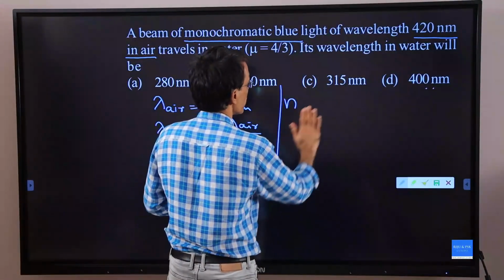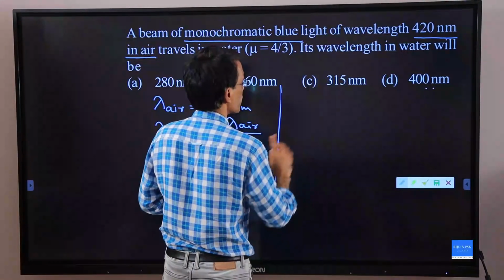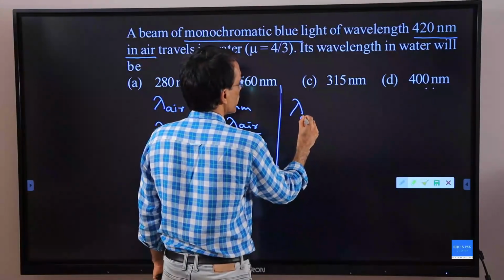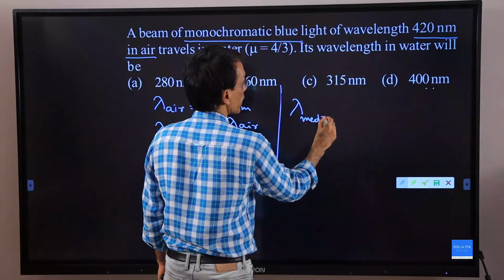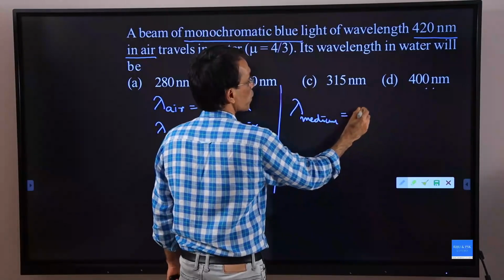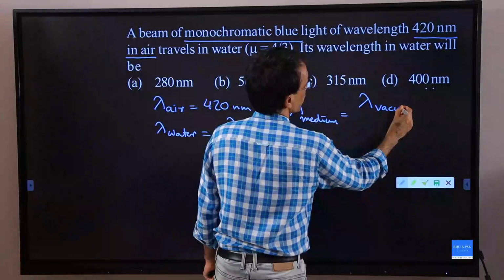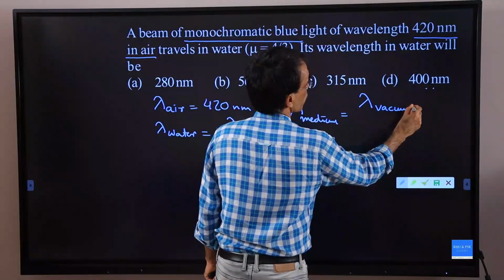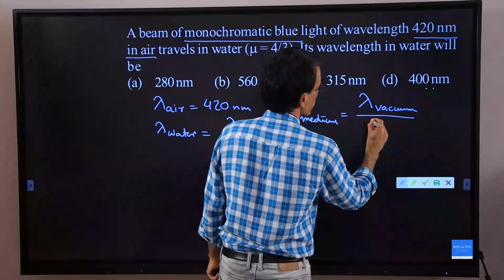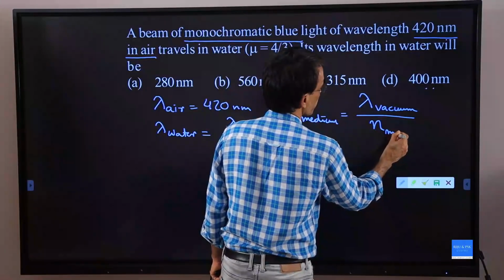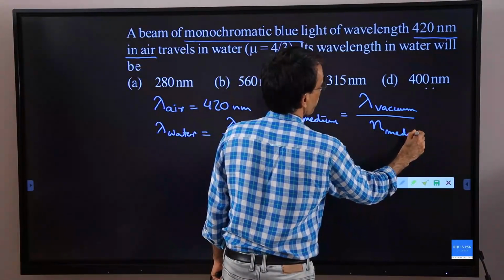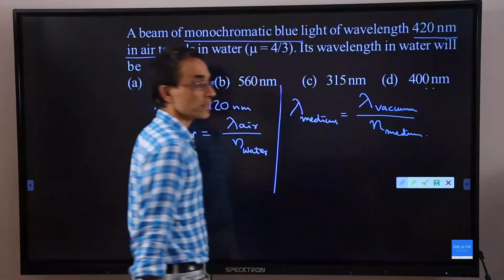Lambda, the wavelength in a given medium, is equal to lambda in vacuum or air, because that is almost the same, divided by the refractive index of the medium. That is the relation.